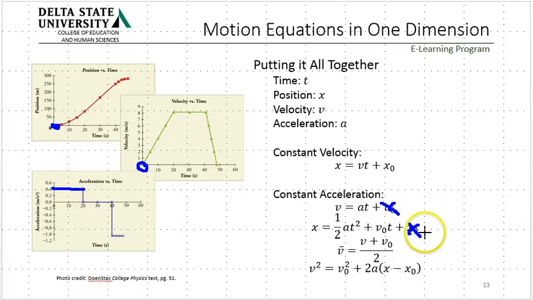We want to know where we are at any given time. We just take, oh, that's 0, right? 1/2 at squared is all we're left with. What's our velocity? At. So this describes our velocity right here, that line, at. This describes 1/2 at squared, up to there.